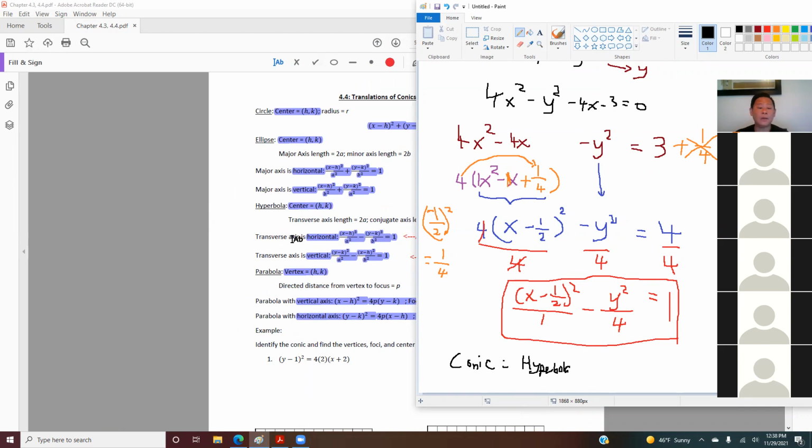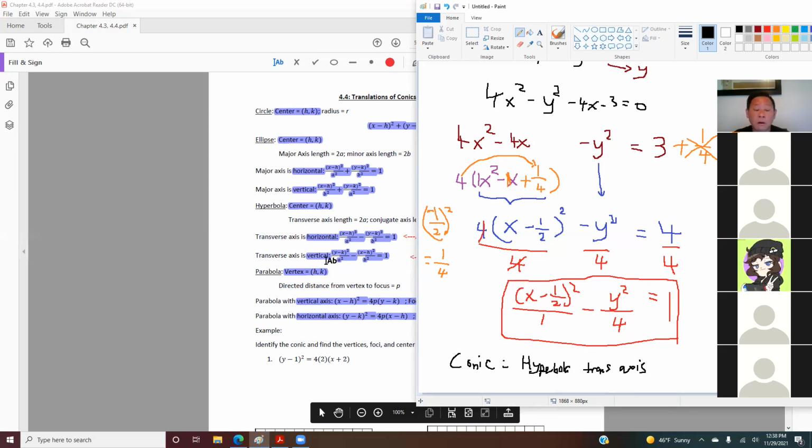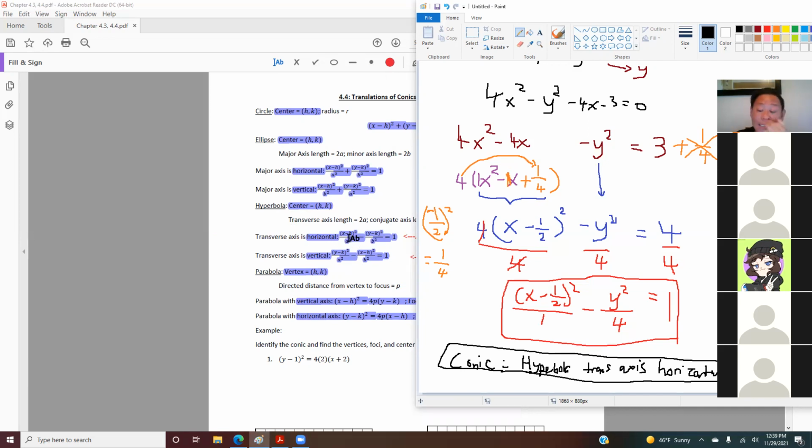If you say hyperbola, where is your transverse axis? Is your transverse axis on the horizontal or on the vertical axis? So horizontal. Why do you say it's horizontal? Because x is first. Okay, x is positive. Make sure you know that x is positive here, not x is first. So this is what you need to write for me. This is a hyperbola with a transverse axis on the horizontal, because your x in this case is positive, your y in this case is negative.